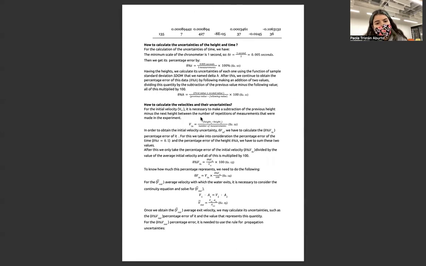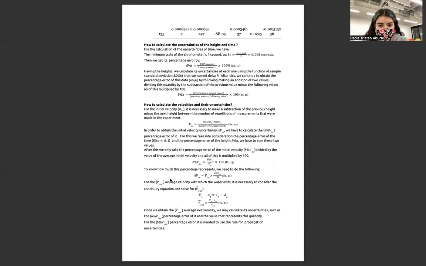So for calculating the velocities, we have to make a subtraction of the previous height, the first one, minus the next height, divided by the number of repetitions of the measurements that were made in this experiment. After that, we have to calculate its uncertainty. So we calculate the percentage error of it by taking the percentage error of the time and the percentage error of the height.